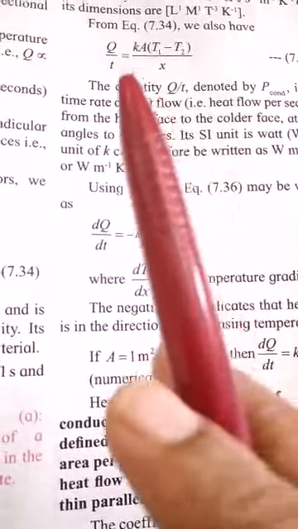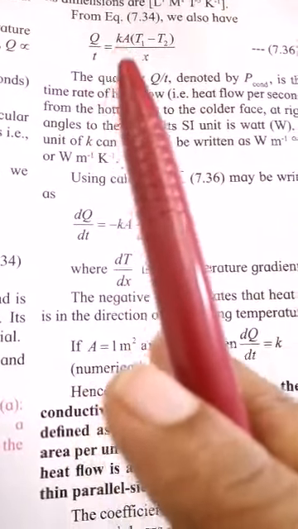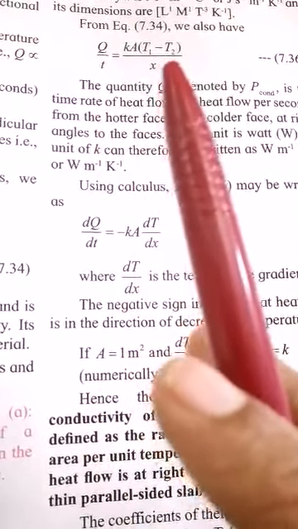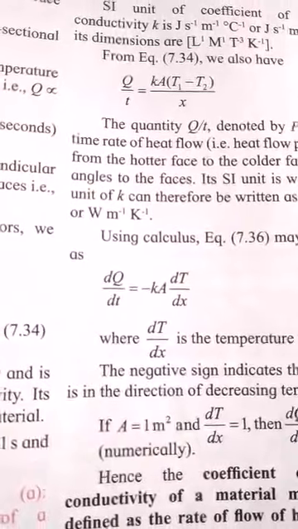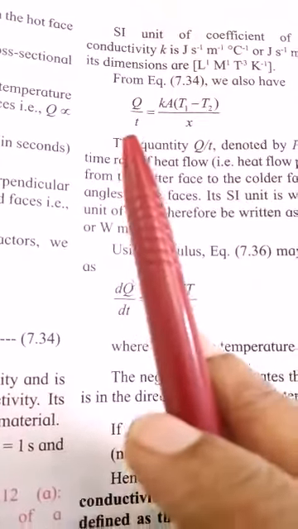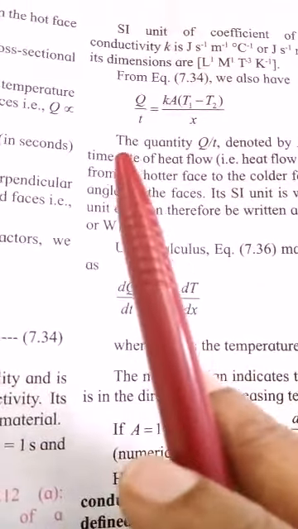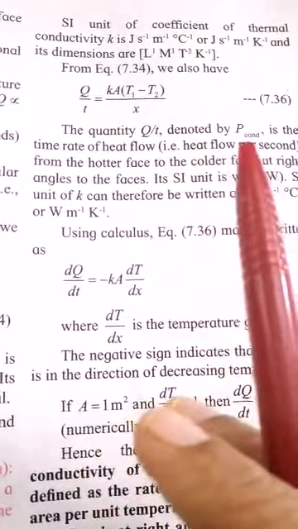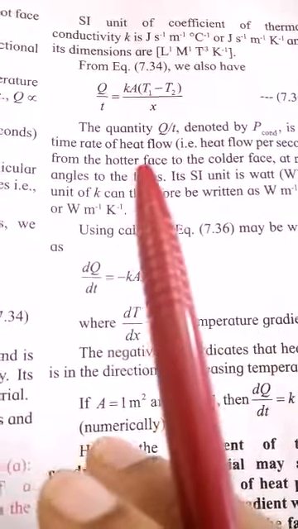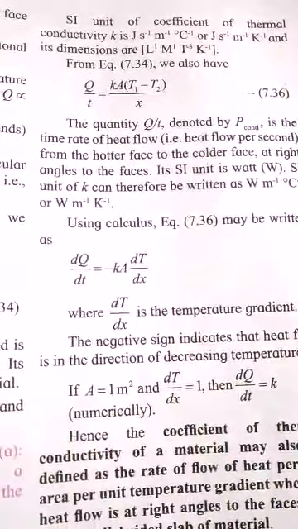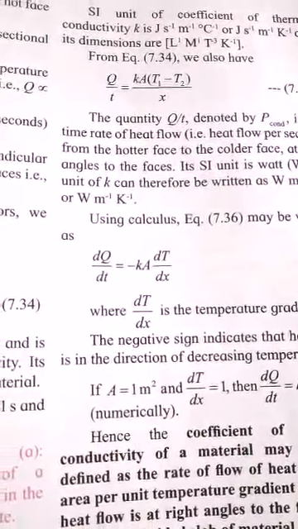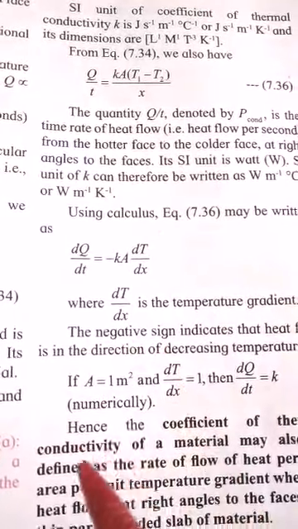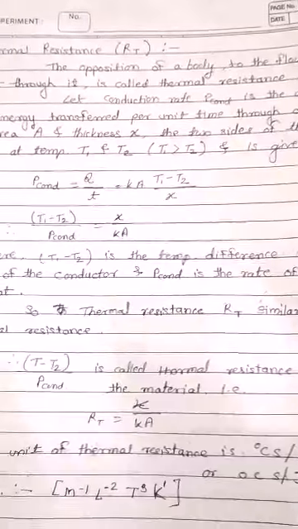We also learned the formula Q/t is equal to KA (T1 minus T2)/x. So Q/t means P conduction, the time rate of heat flow. Using this formula we find thermal resistance.